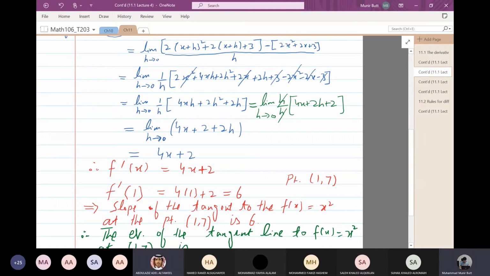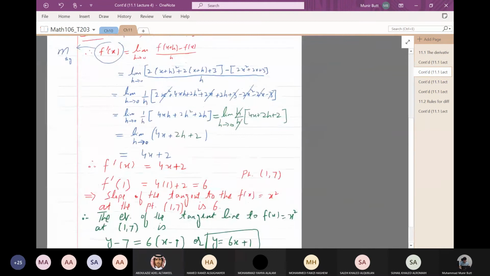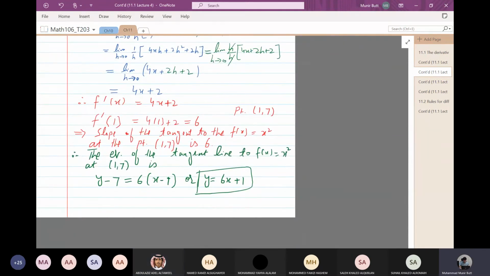Okay, if you want to write it like this, I got confused by 2h. Okay, because I write in symmetry. Better now? Yes, thanks. And this is the point slope form. You agree?